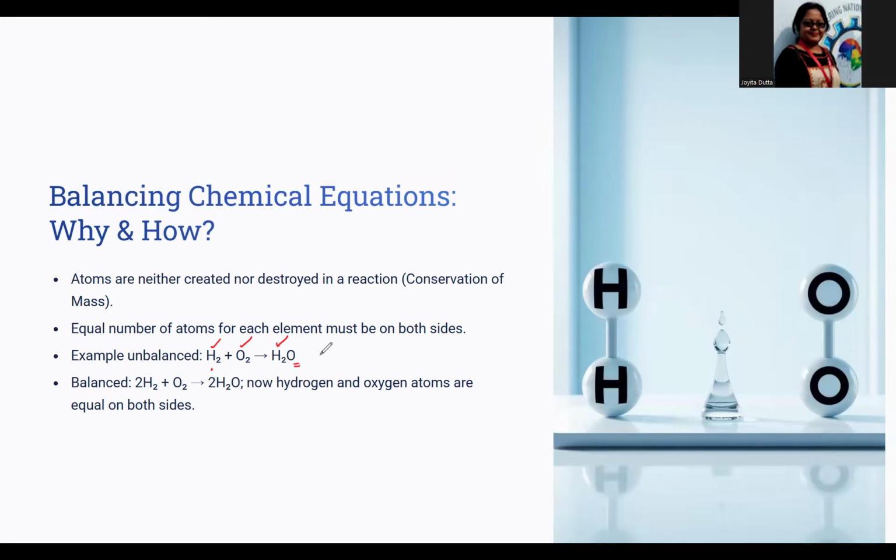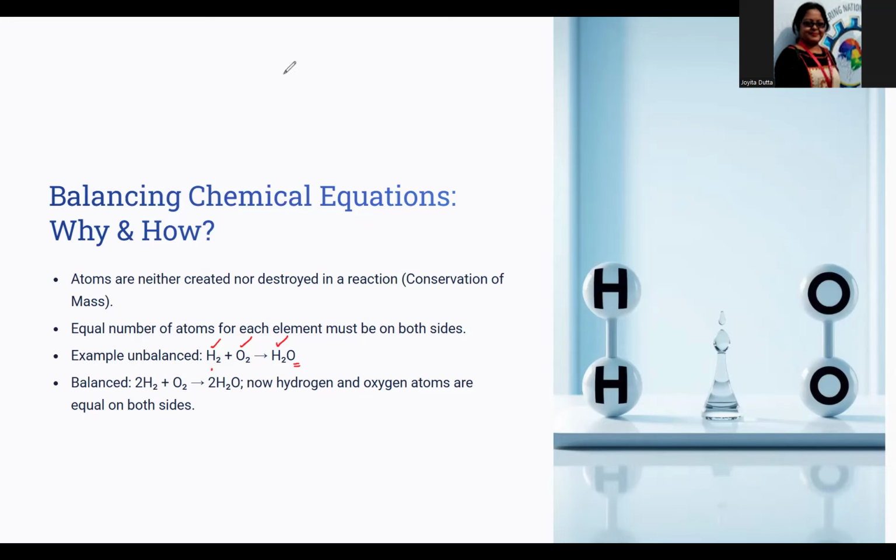So here, 2 atoms or 2 particles of oxygen are coming in, but as a product, I am getting only one particle of oxygen. Herein, somewhere one oxygen is disappearing, but that is not possible when I'm talking about the conservation of mass. So it is very important that I balance it.